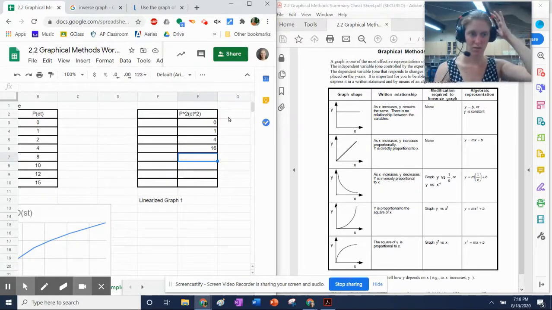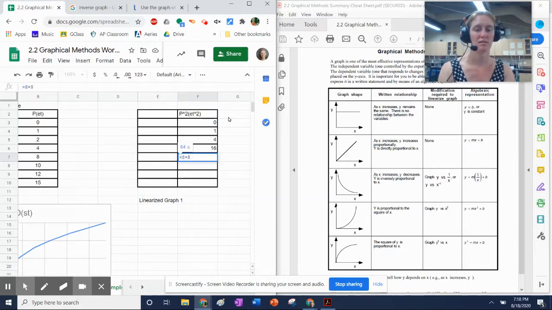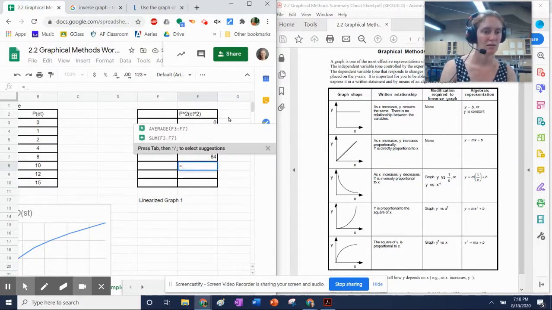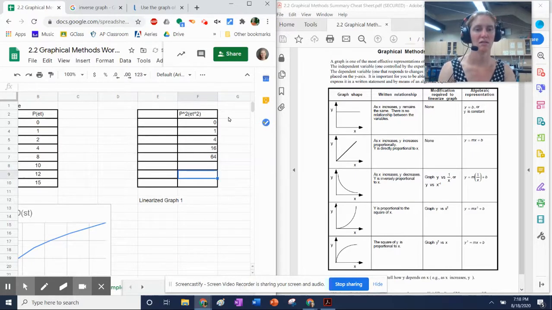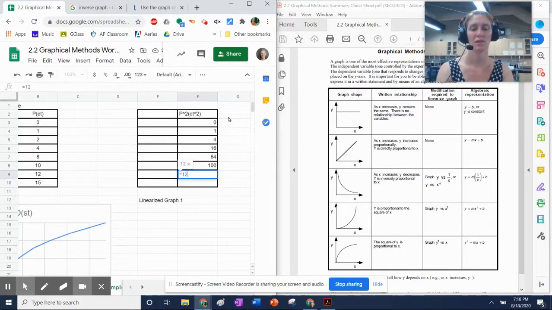And then if I start to get to some of these bigger ones, I want to really just show you how to do this. So if you wanted to do it, you could type equals, and I could do 8 times 8, because that's 8 squared, equals, this is 10 squared is 100. 12 squared, I could go 12 times 12, which is 144, and 15 times 15, so equals 15 times 15.